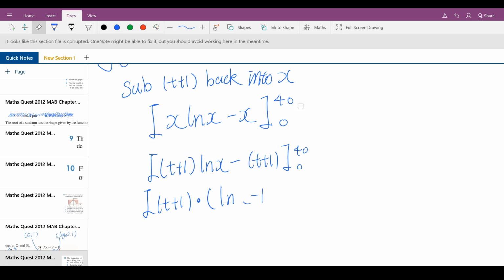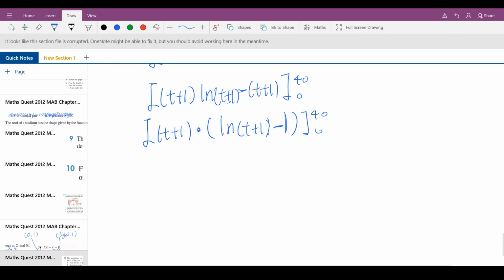No more ln x. Sorry, there's minus 1 in here. Making all these silly mistakes.